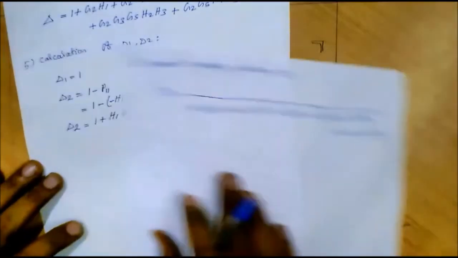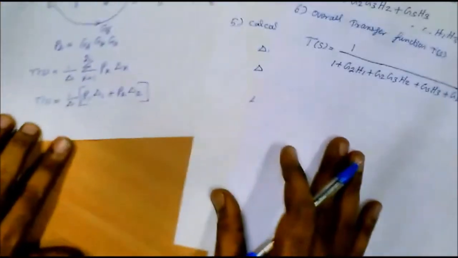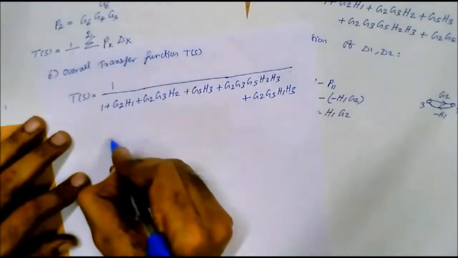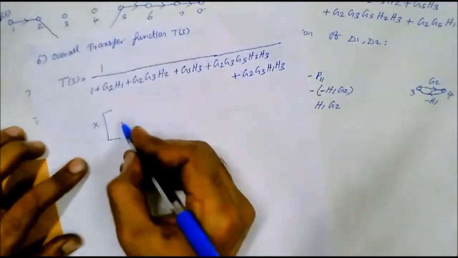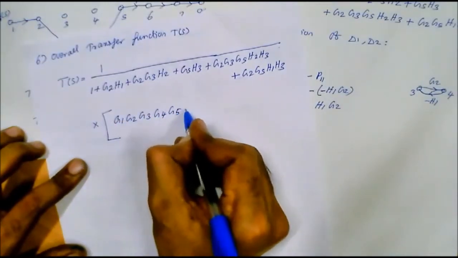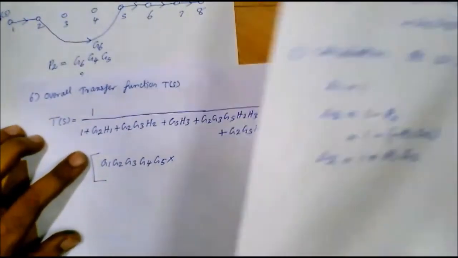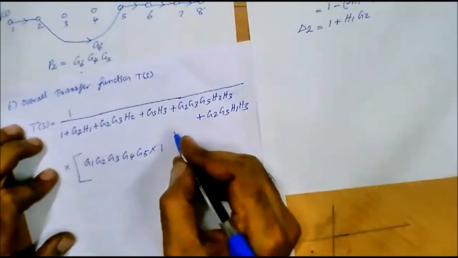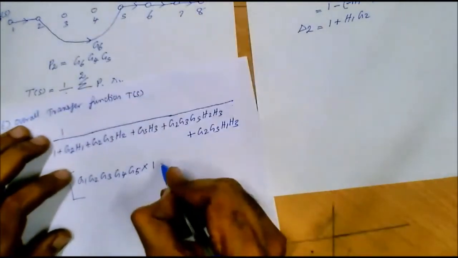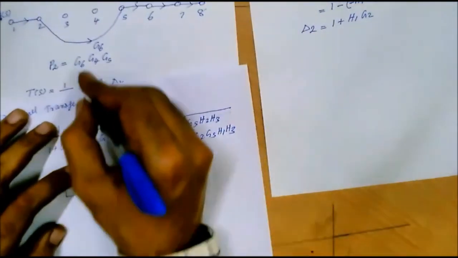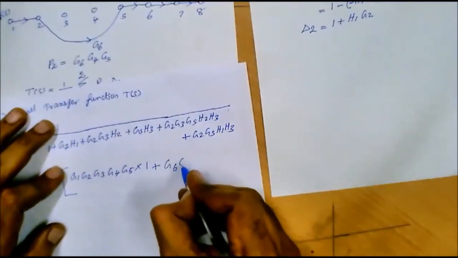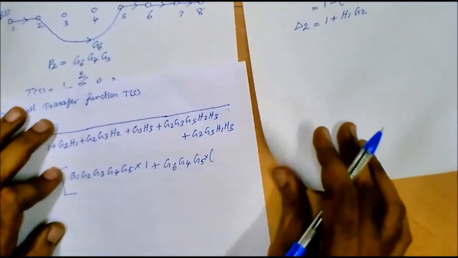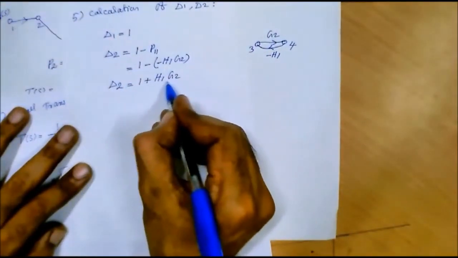So 1 by delta, then into P1 into delta 1, the value of delta 1 is equal to 1, then plus P2. P2 is equal to G6, G4, G5 into the value of delta 2, which is 1 plus H1 G2.